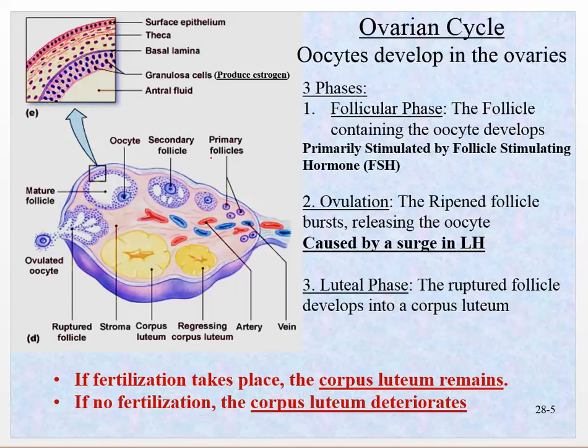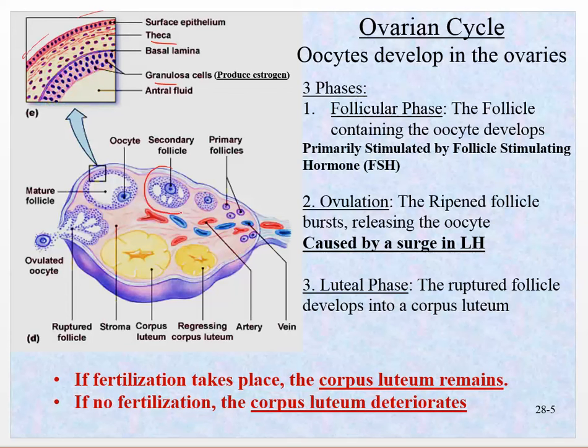However, we're going to talk about them separately because we have to understand what is going on in both. But probably more importantly, we have to understand what's going on in the ovaries. These are the granulosa cells and the thecal cells that are surrounding. What you're seeing here is a blow up of one of these follicles.